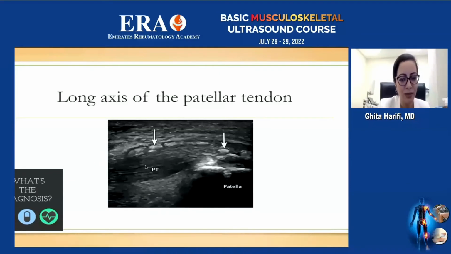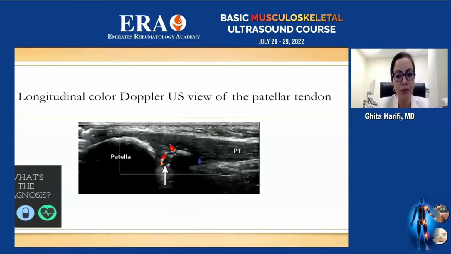This is the patellar tendon at the insertion on the patella, and you can see around the tendon these hyperechoic structures, representing tophi in chronic gout. Remember that the knee is a very common site of crystal-induced arthropathies.